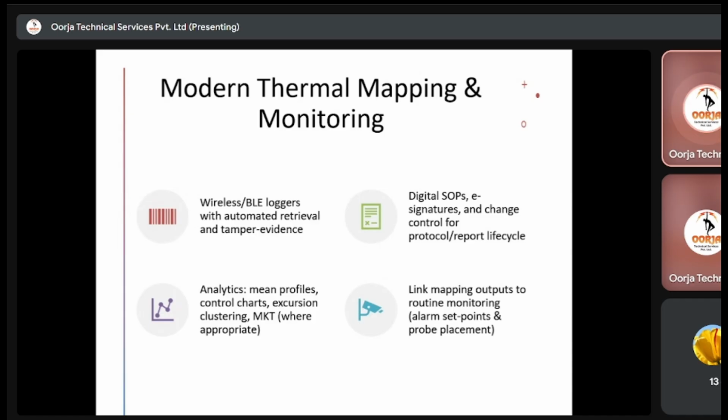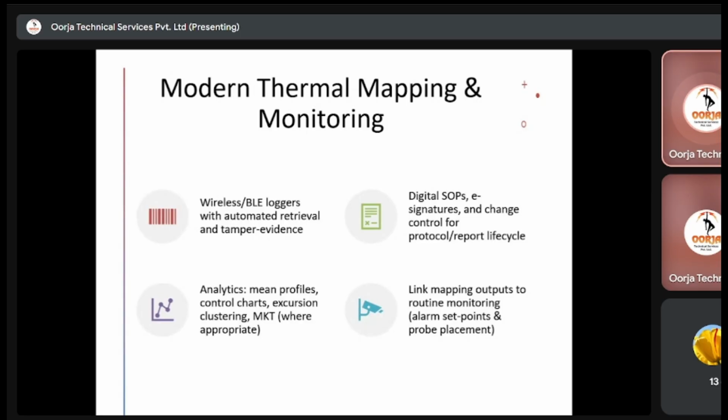And finally, linking to routine monitoring, the most important step: the output of your mapping study is basically to identify not only the hotspot and cold spot, but something else as well.